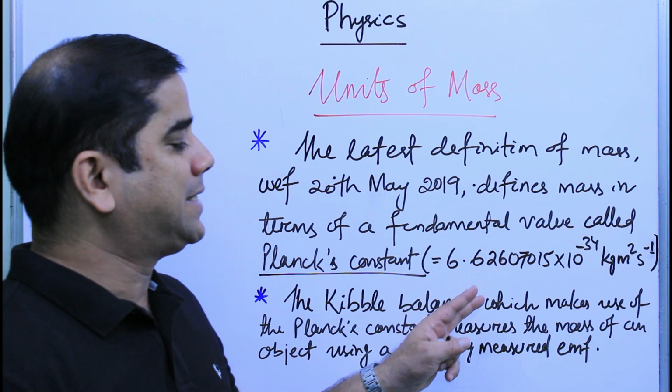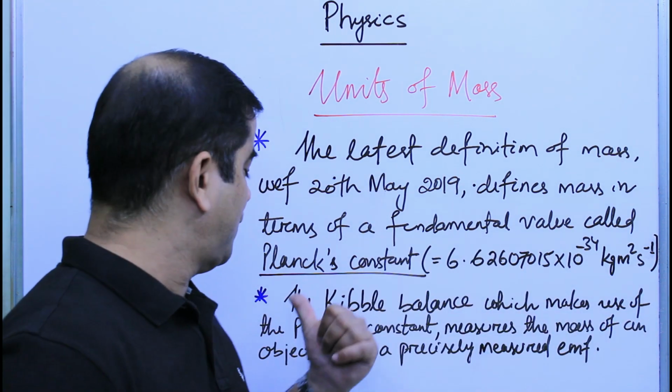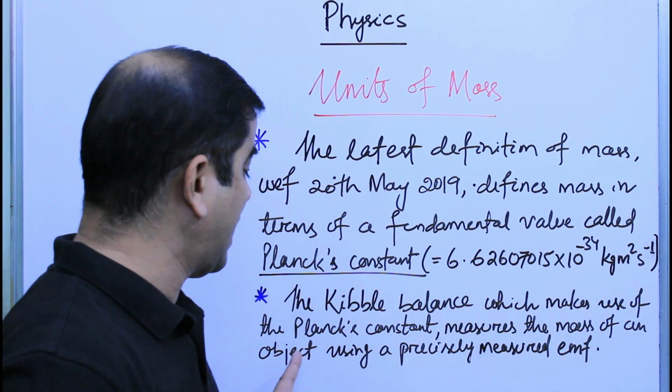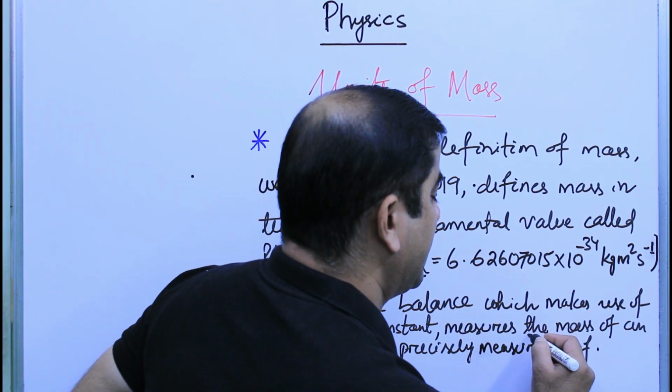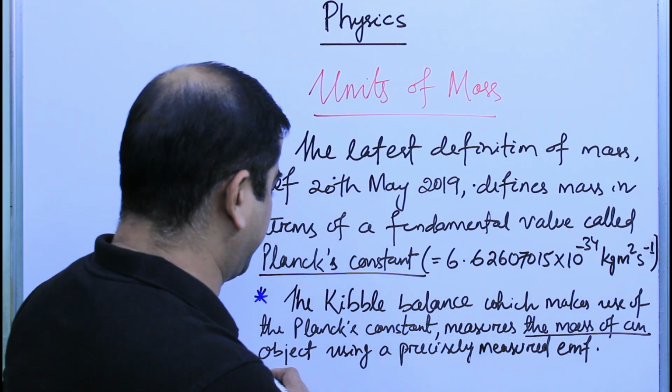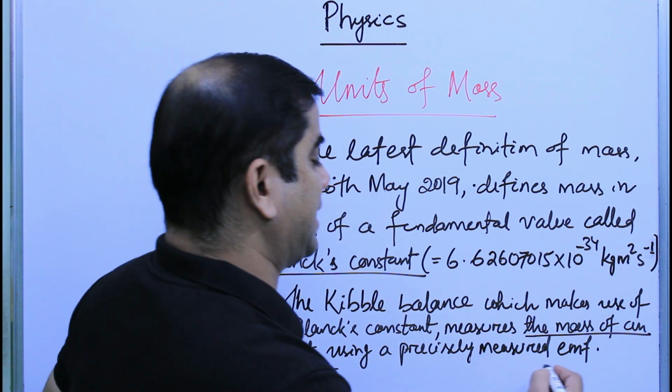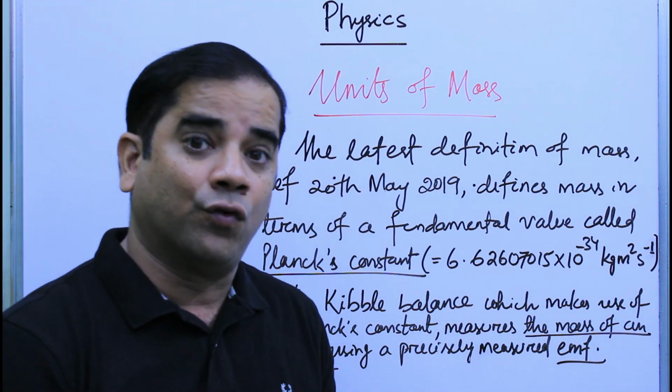The Kibble balance, which makes use of Planck's constant, measures the mass of an object. You need to remember, the mass of an object is measured using a precisely measured electromagnetic force.